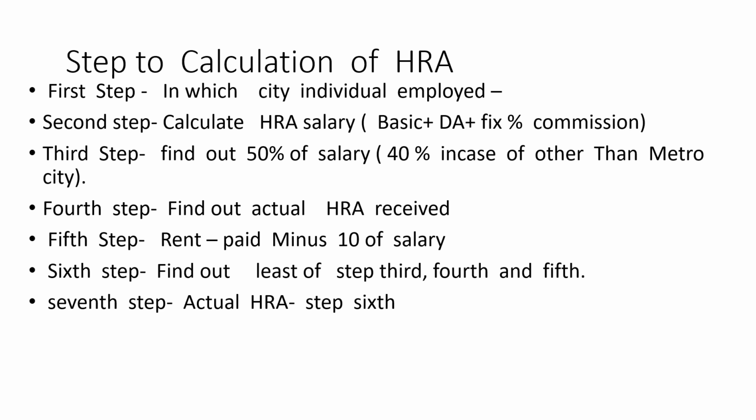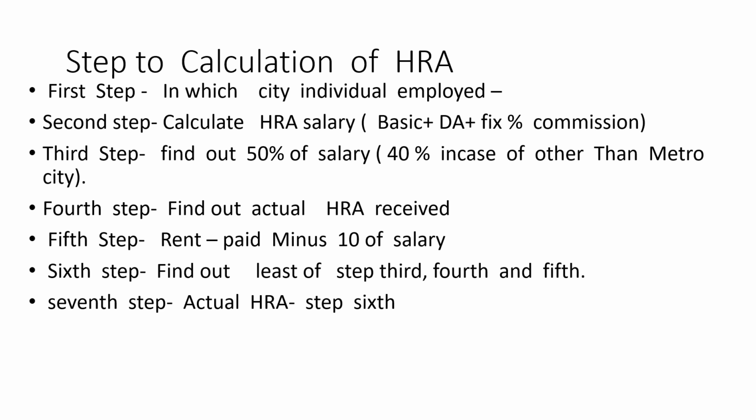In the third step, you have to find the 50% of salary. What is your 50% of salary? In the fourth step, you have to find the actual HRA received. In the fifth step, you have to calculate the rent paid minus 10% of salary.